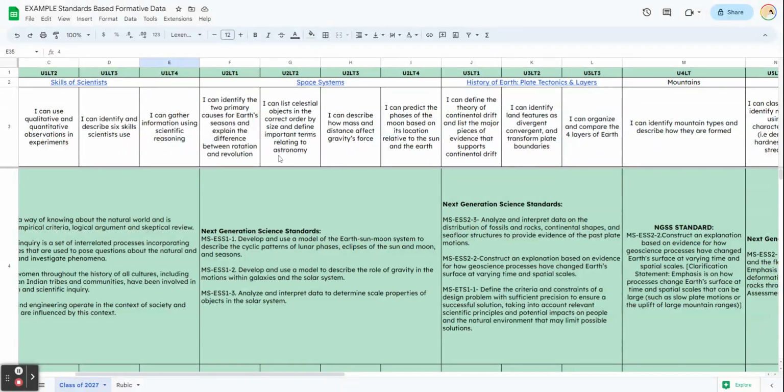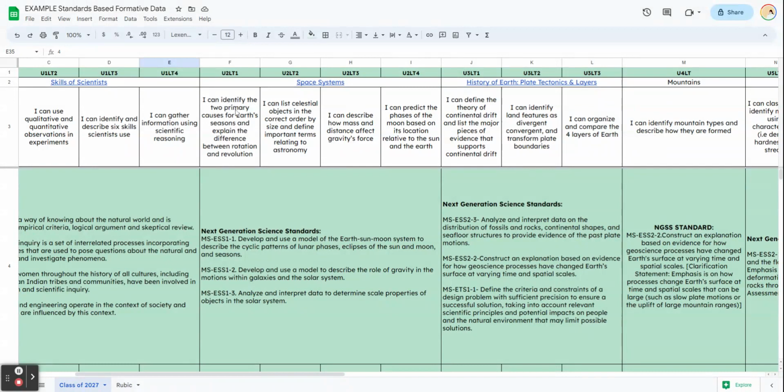So if I have 12 learning targets, I would, in theory, have 12 tests in the grade book because I want to know how my students are doing for each learning target. But in this case, I condensed learning targets so that instead of having 12 tests, I just had 4 smaller assessments.